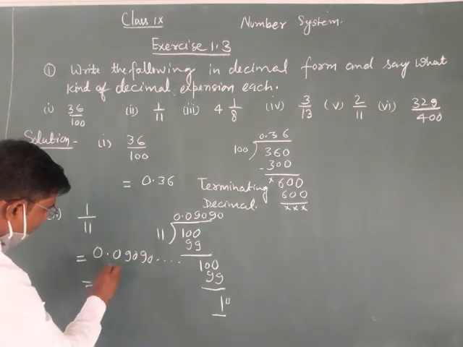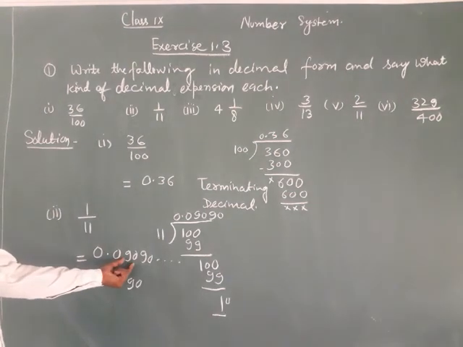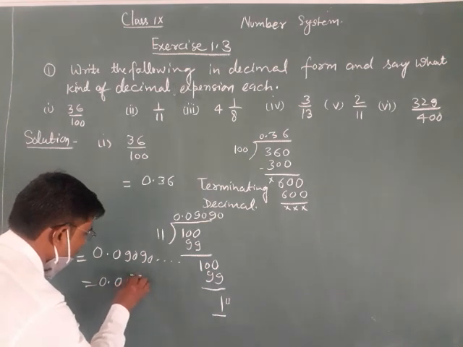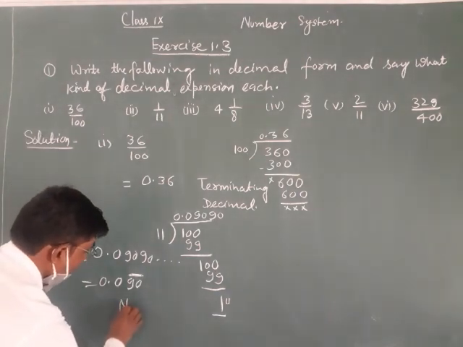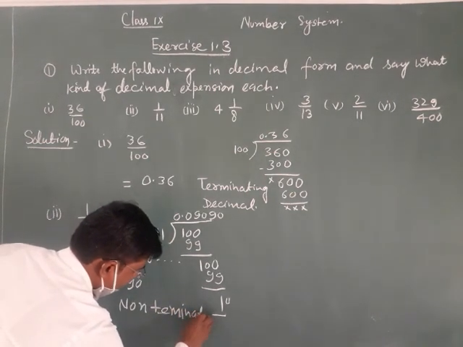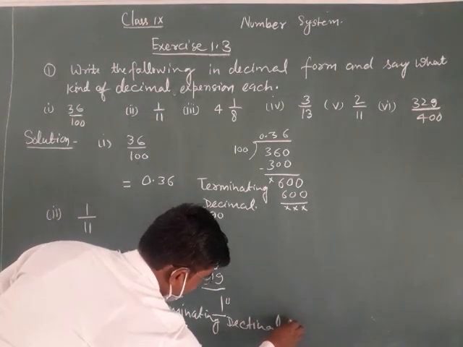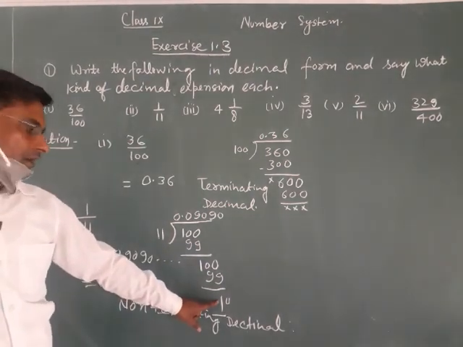So you can write it also as 09, first block, second block, with a bar over the digits. So non-terminating decimal, because the remainder is not 0.